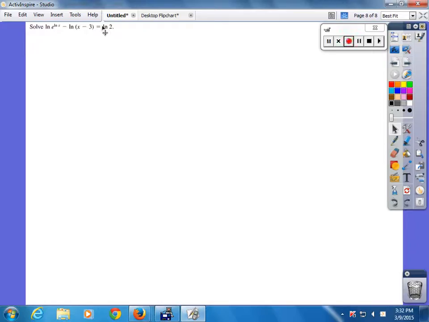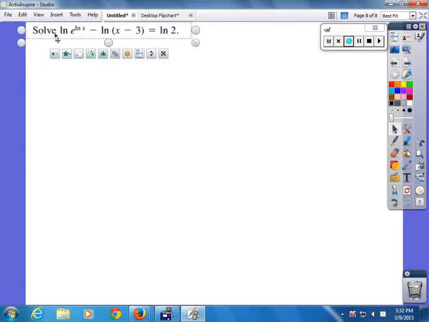All right, work on that one for a second. Now remember, if you get confused, change ln to log base what? Log base e. And then you could use your log rules just as well as you can use the natural log, and log rules are the same.